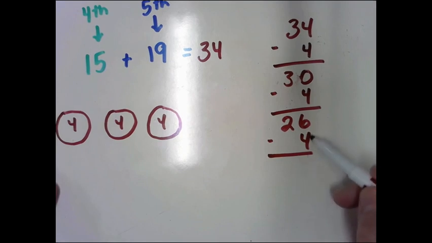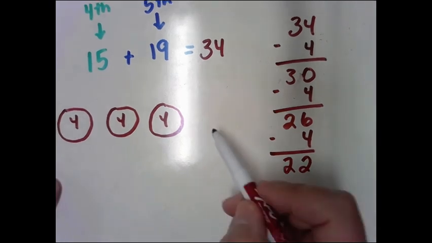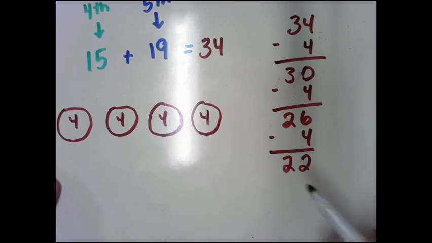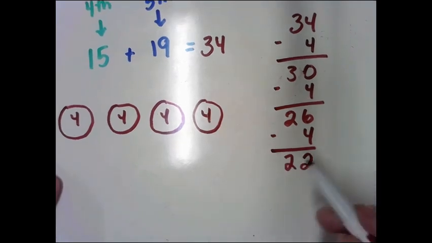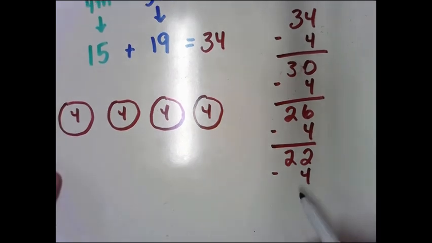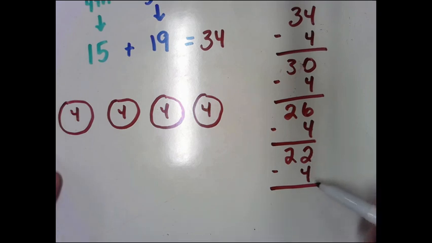That leaves us with, well, 6 take away 4 is 2, 22 kids left to put at a table. All right, let's put another table up. We can sit 4 more kids. So again, we're slowly putting all the kids at a table. 22 take away 4 leaves us with 18.